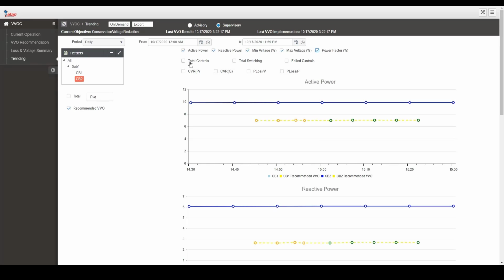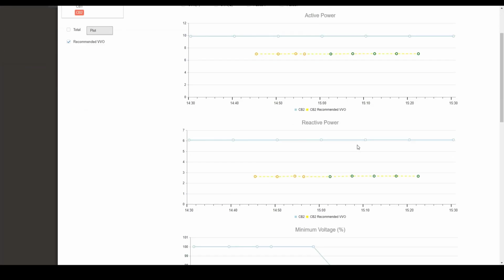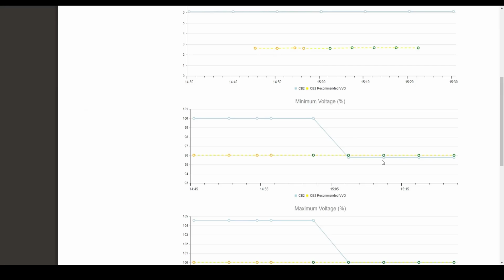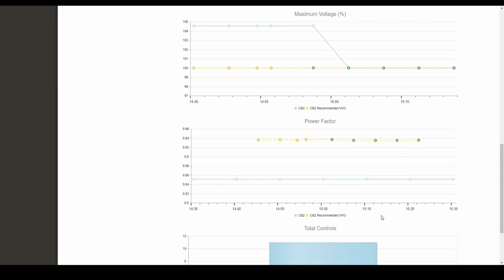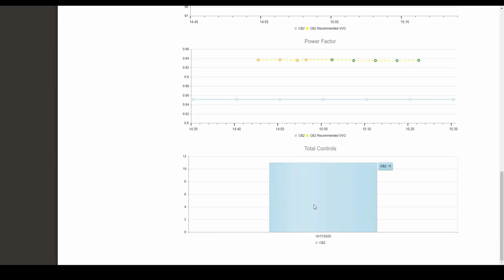That includes the active and reactive power, voltage thresholds, power factors, controls, as well as the before and after, or the base case, as well as the recommended VVO case, to see whether the volt-var optimization is being effective in the system or not.